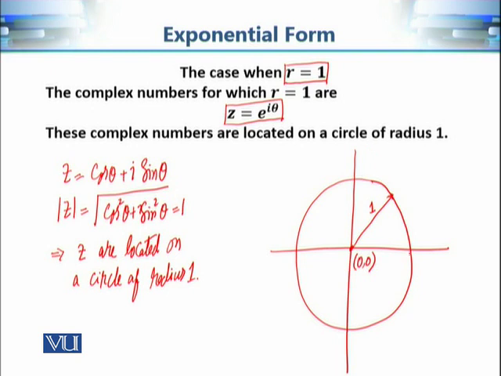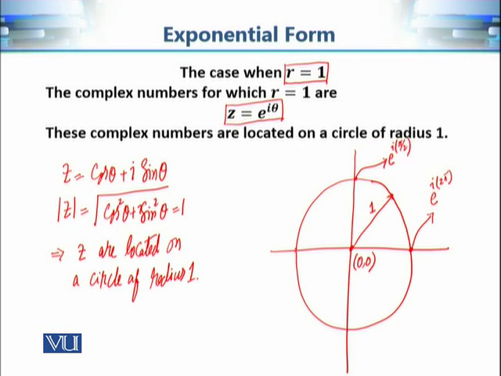Okay, so what are some particular values of complex numbers lying on this circle? So this is complex number e raised to power iota 0. So in this case, the values of theta would be 0, or we can also take it to be 2 pi. Now similarly, let's consider this value. Now this is equal to e raised to power iota pi by 2.